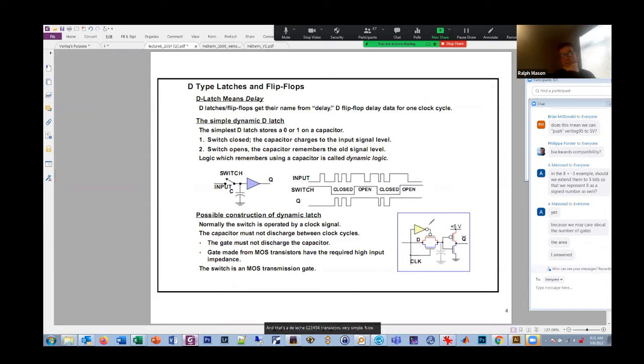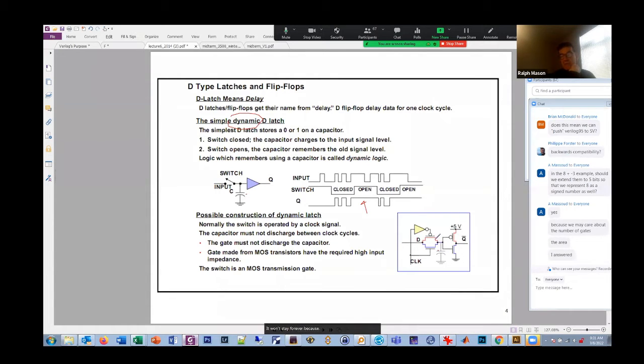Now we call this a dynamic D latch. See this dynamic right here? And it's called dynamic because when we're open and we're holding the old value, for instance right here, when I'm holding this value of 1, which is stored on this capacitor here, it won't stay forever.